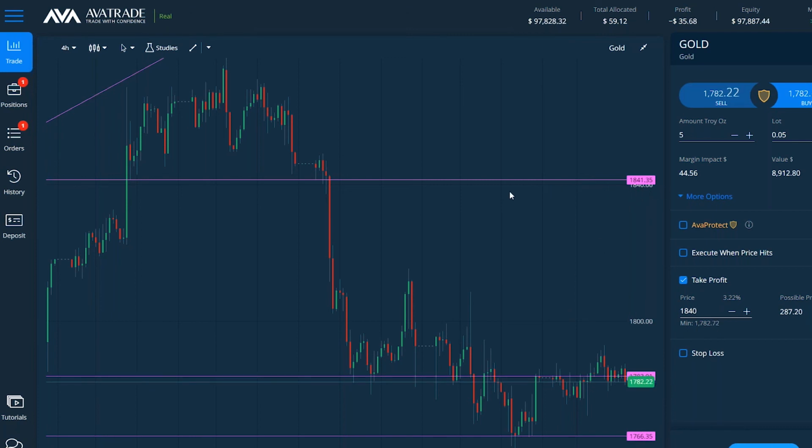Take profit before the resistance up here and stop loss below this support level down here. So it would be below this wick down here. So maybe 1760 would get you below that wick, okay? So 1760 as a stop loss.